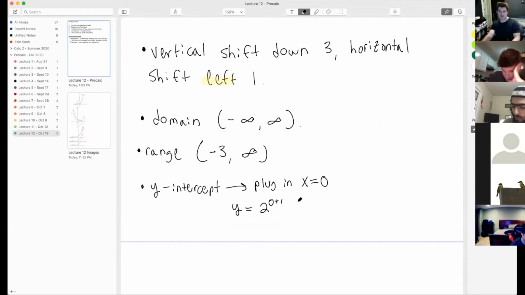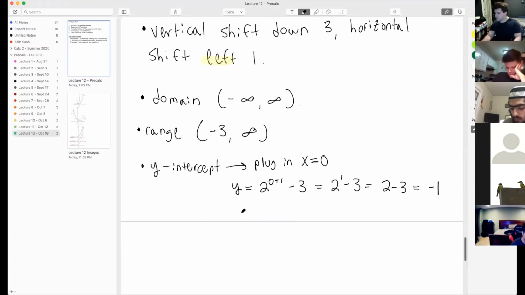This is the same as 2 to the first power minus 3, which is the same as 2 minus 3, which is the same as negative 1. So the y-intercept will be at 0, comma, negative 1. It's the y value you get when plugging in x equals 0.